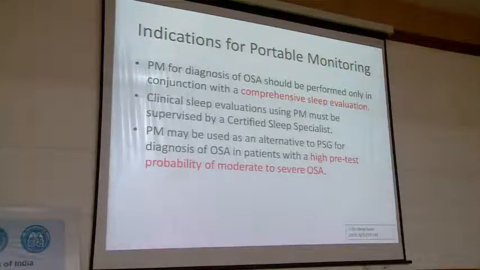So now what are the indications of portable monitoring? Portable monitoring is helpful in the diagnosis of OSA, but it has to be performed after a proper comprehensive sleep evaluation. You should take the proper history, evaluate the patient, and assess the probability of the patient having sleep apnea, then you go for portable monitoring.